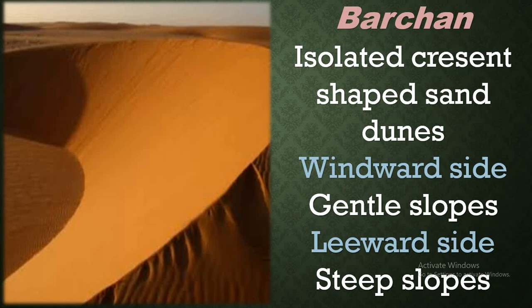The windward side means the side from which the wind blows. In the direction which the wind blows, it gets eroded, so it slopes gently. As you can see in the picture, it's like a quarter moon. And the leeward side, the other side from the wind, looks like steep slopes. This is what a Barchan is.